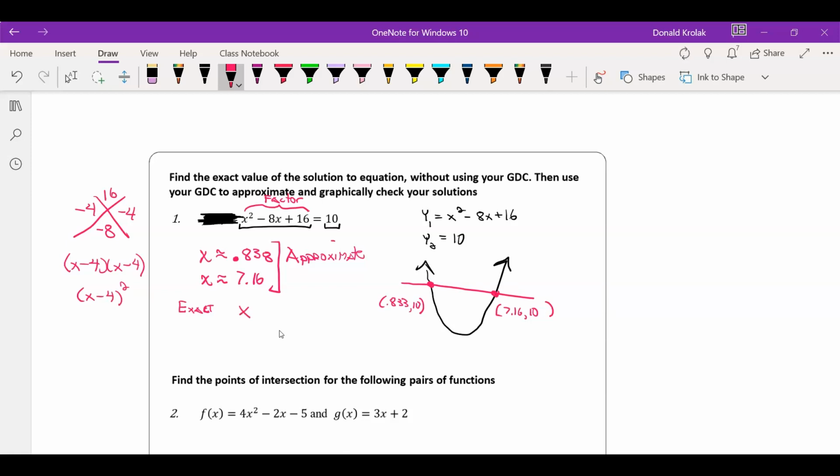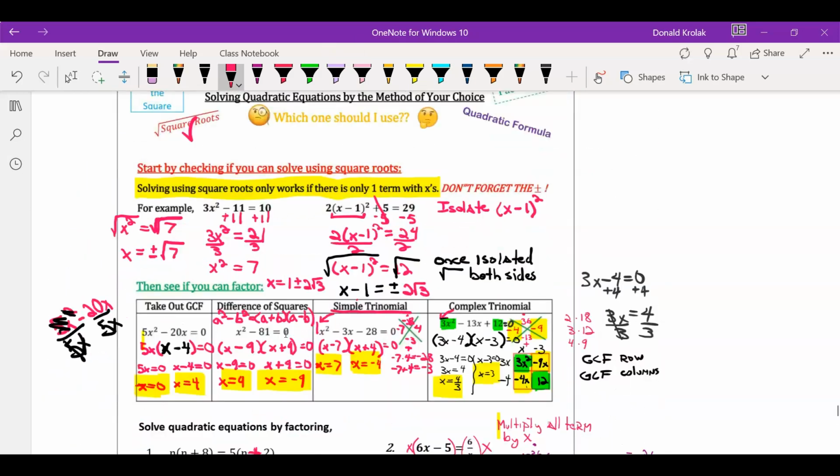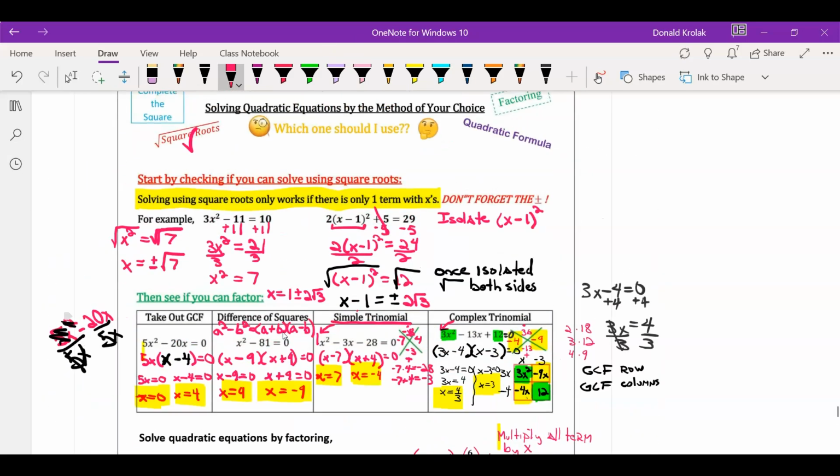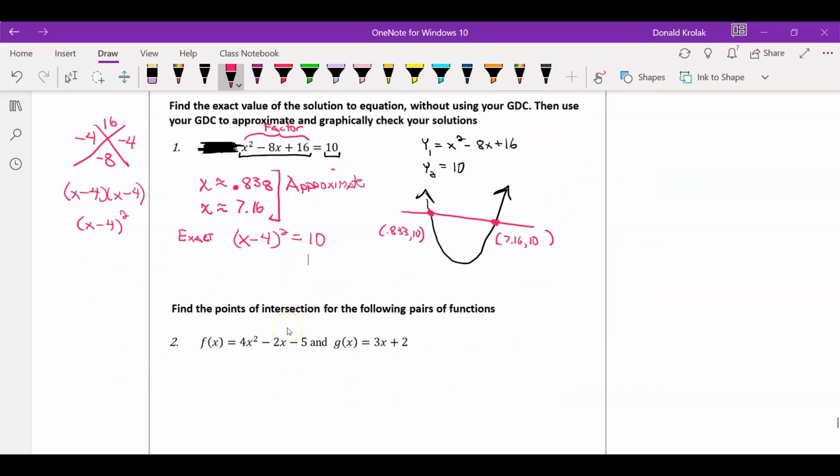Okay, now I can use the square root method. Solving that is going to be just like solving this one up here. So all I'm going to do now is square root it.